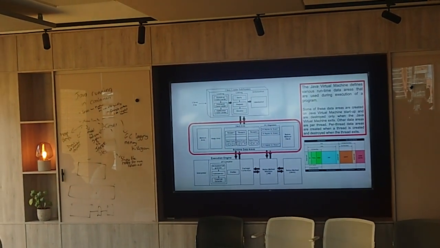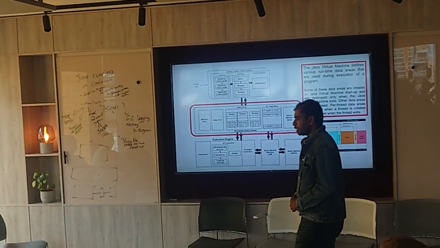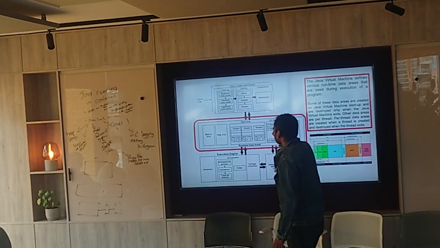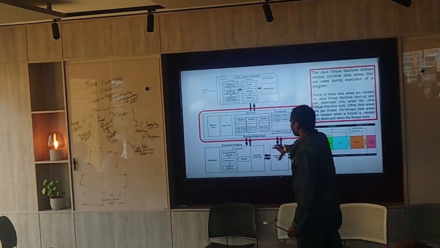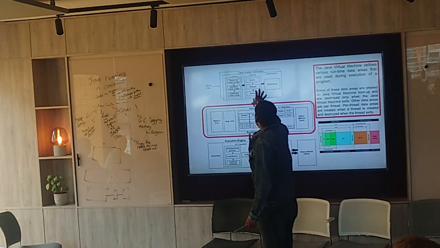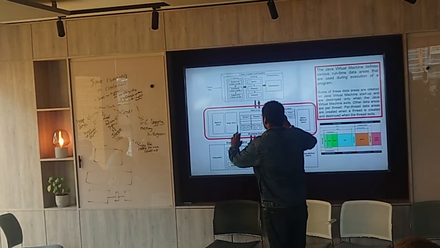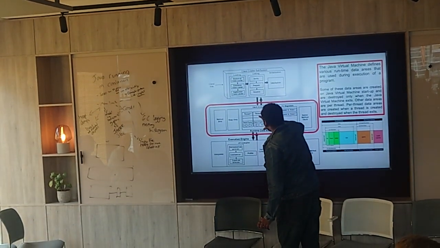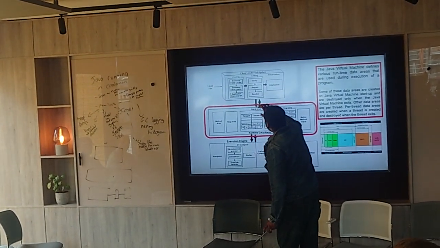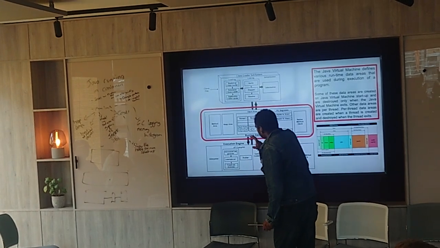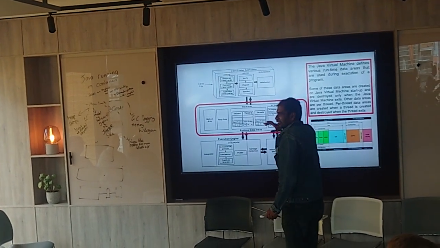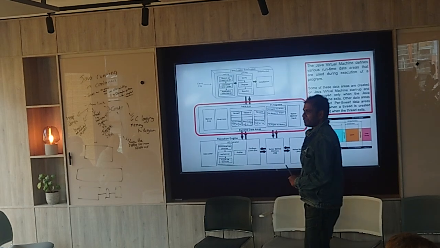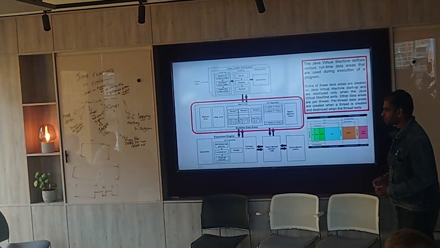This is when the programs get executed. It's this architectural thing. So the class is loaded, and now we are looking at these areas. This runtime data area interacts with the class loader subsystem, the execution engine, and native methods.